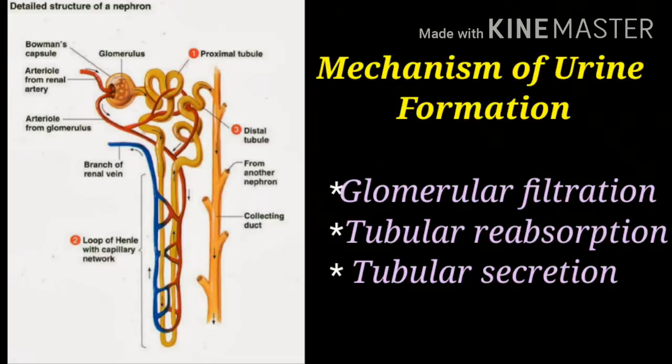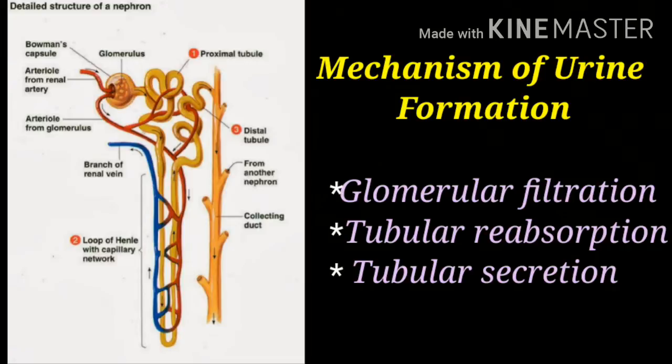There are three steps involved in the mechanism of urine formation. The first one is glomerular filtration. Second, tubular reabsorption. Third, tubular secretion. Now we can see one by one. The first one is glomerular filtration.